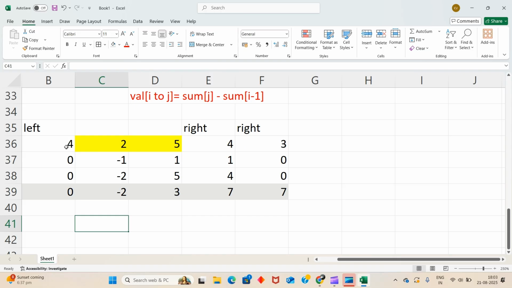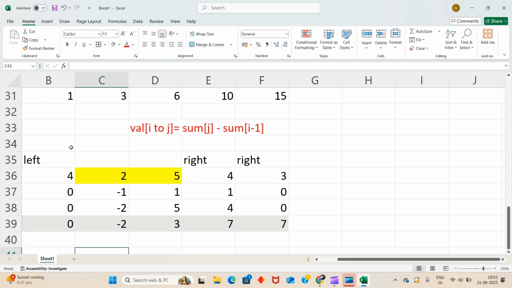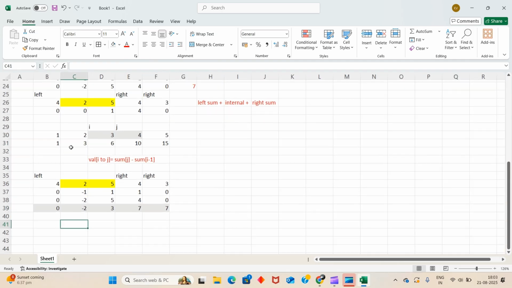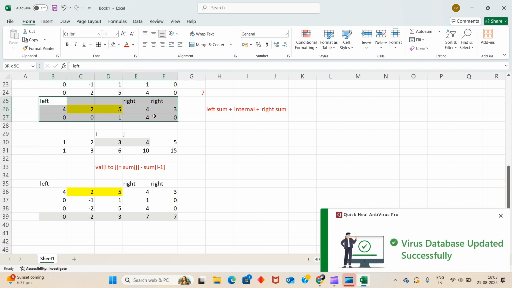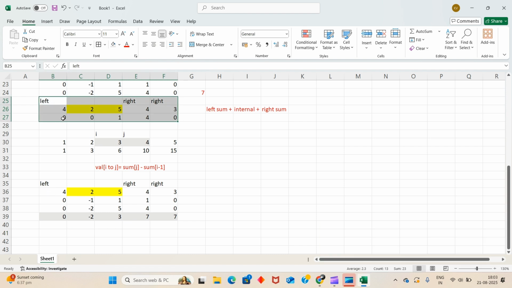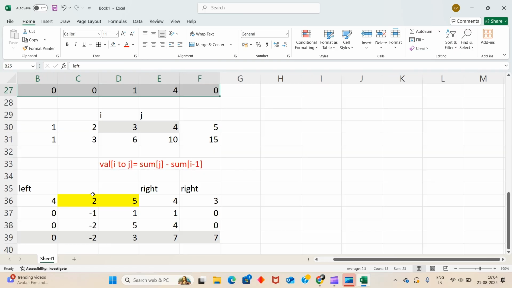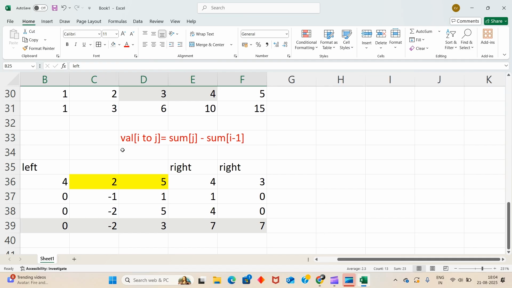So if I want, see, now we will compare. I will just zoom out and we will compare this and this. Now see, here for this I mark this as 0 and 1. Before that, what is my left sum? Left sum is 0 and my right sum is 4 plus 0 is 4. Now let's calculate. I gave this formula, so I want to find the left sum.